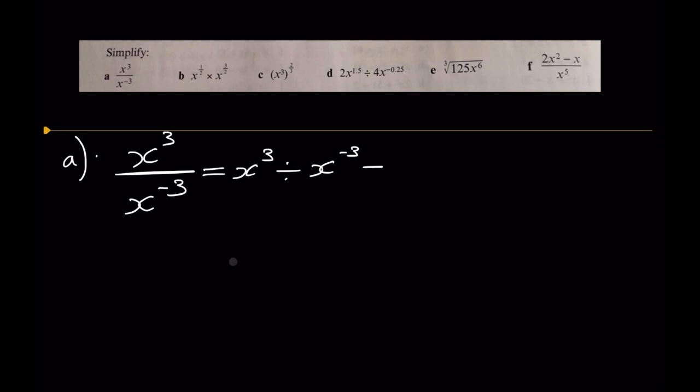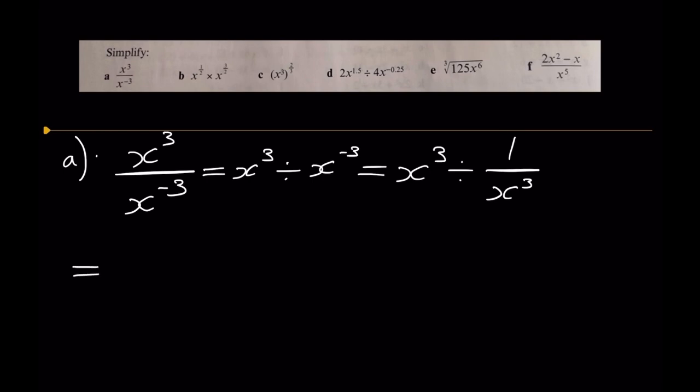For part A, we've got x raised to the power 3 all divided by x raised to the power negative 3. This is the same as writing x raised to the power 3 divided by x raised to the power negative 3. But here we've got a negative power, so we can rewrite this again as x raised to the power 3 divided by 1 over x raised to the power 3.